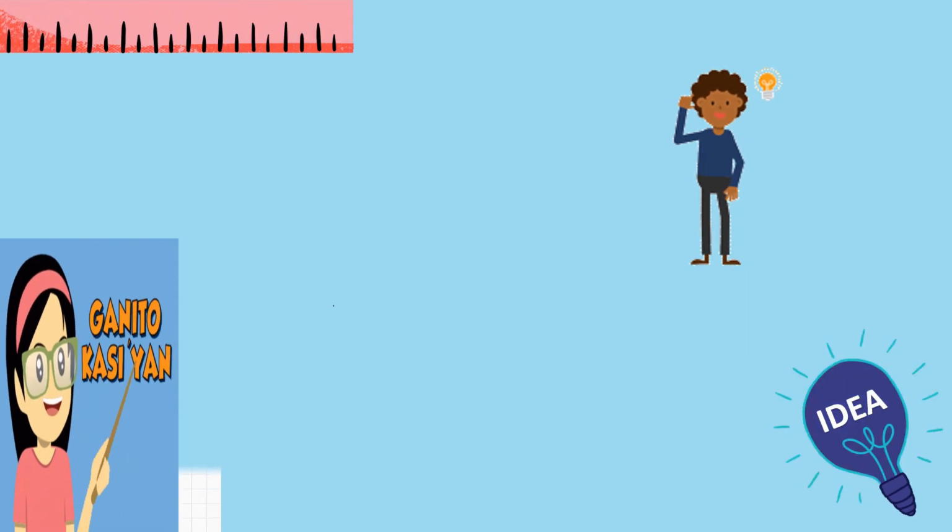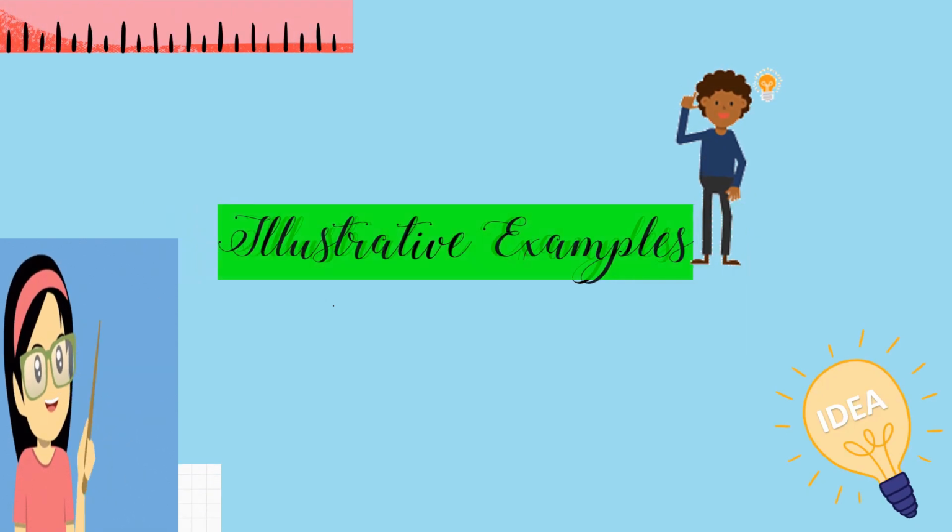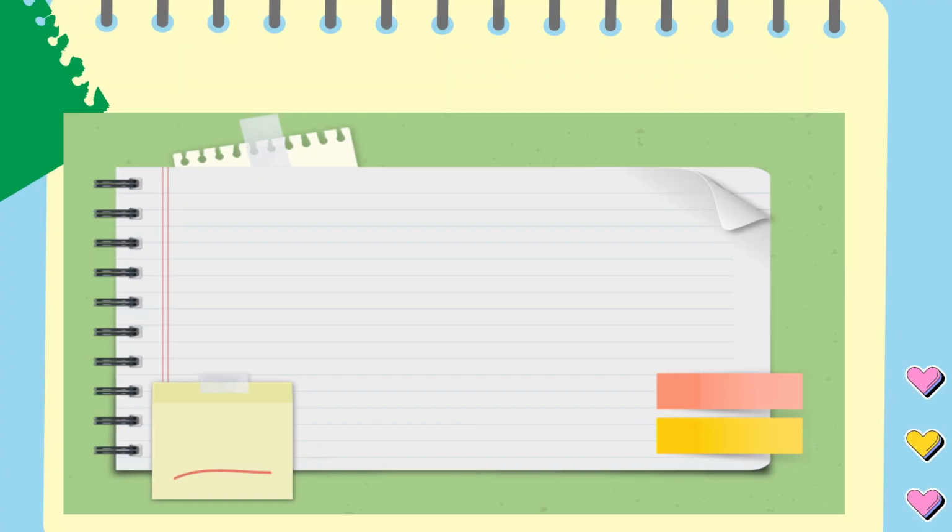So let's have some examples. Find the square root of 100. So how do we write that in symbol? The square root of 100 can be written as square root of 100.